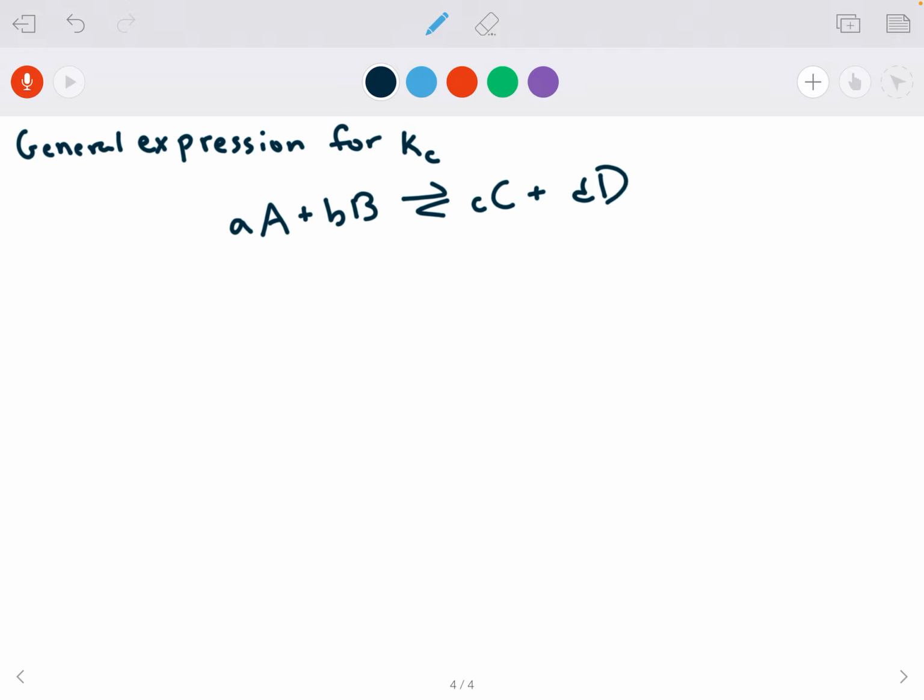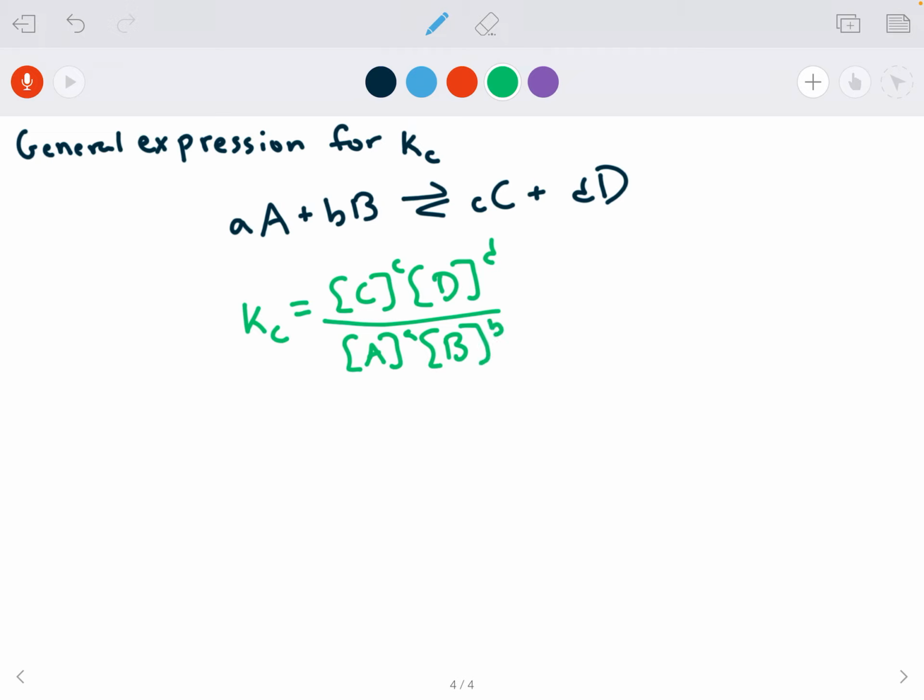We did the same generic chemical equation for rate. I'm going to say then that Kc is equal to C raised to the c power, D raised to the d power, over A to the a times B to the b.